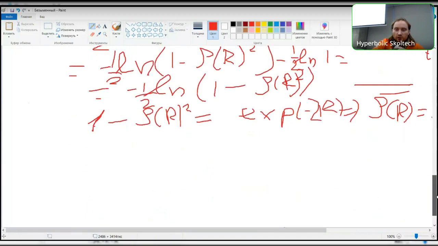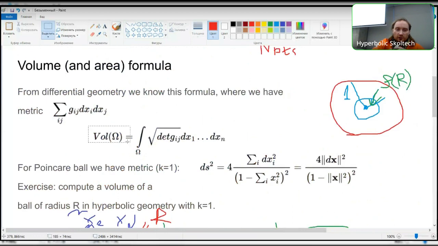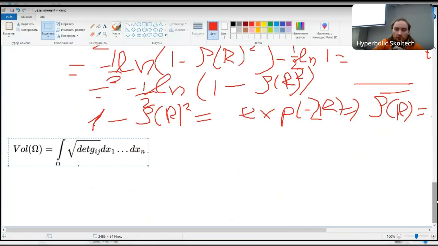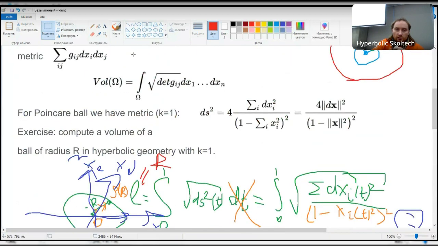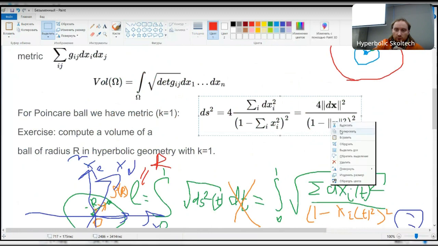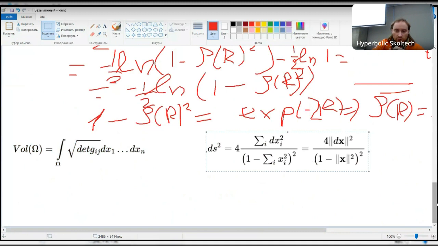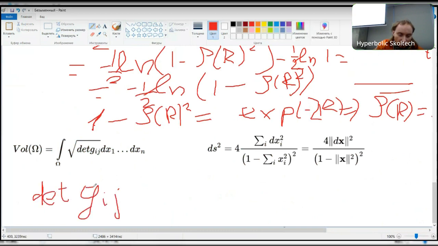Okay. So how to do so? Now we should somehow integrate this. Let's compute this determinant first. So our matrix is actually diagonal.